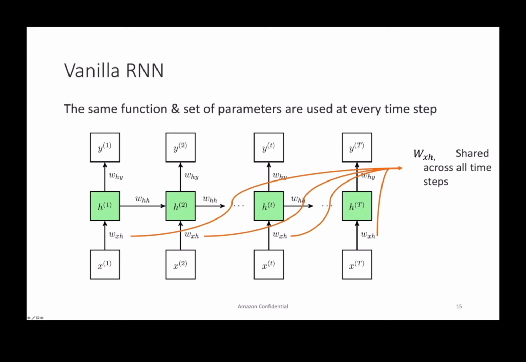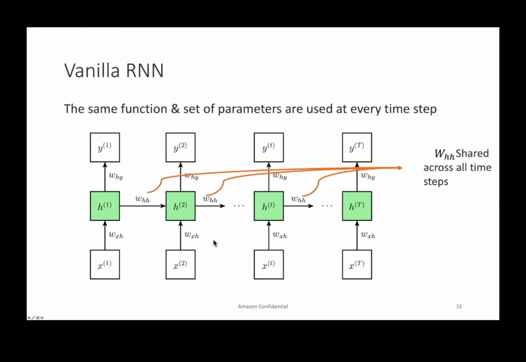They're shared across time. Basically, the weight matrix remains the same, and at each time step, the input is multiplied by the same weight matrix. Similarly, for the hidden also, it's the same, and even for the output also, it's the same. The weight matrices are all shared across the time, while the input keeps varying throughout the time steps. The hidden state also keeps varying.